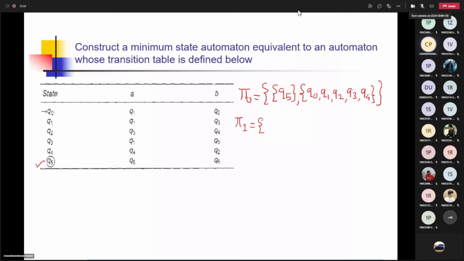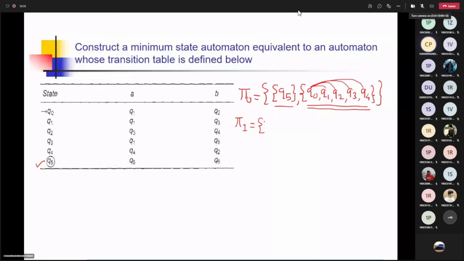Here we have two sets, the set of final states and the set of non-final states. The set of final states has only one element, so we cannot partition it. But within the set of non-final states there are a number of states, and we have to check the equivalency between them. That is, whether Q0 is equivalent with Q1, Q2, Q3, and Q4 or not. This we have to check.